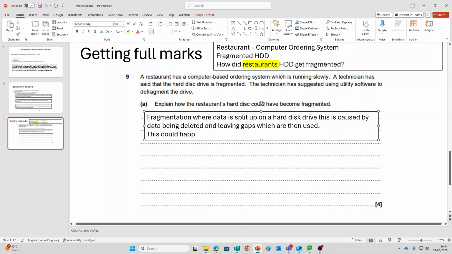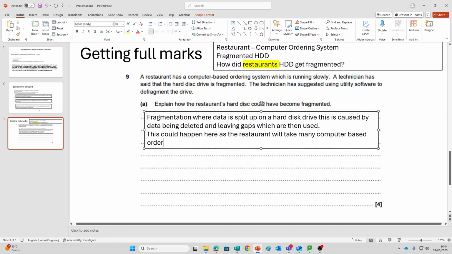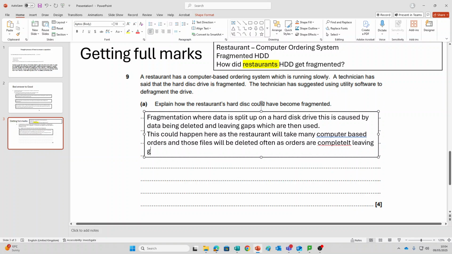This could happen here, as the restaurant will take many computer-based orders, and those files will be deleted often as orders are completed, leaving gaps.